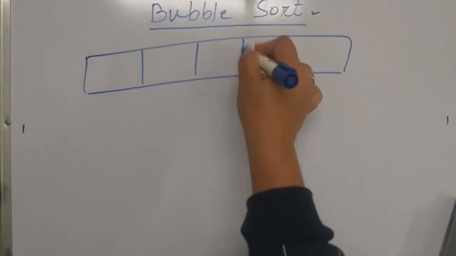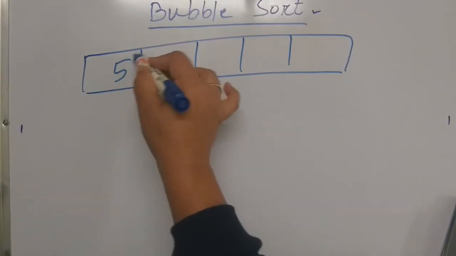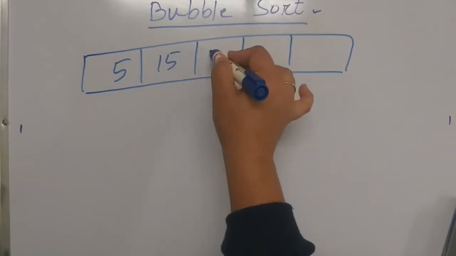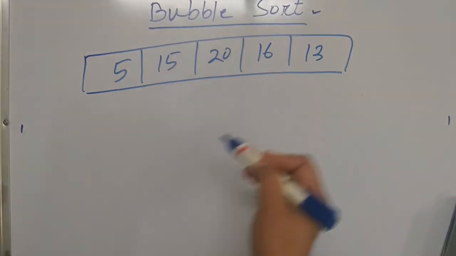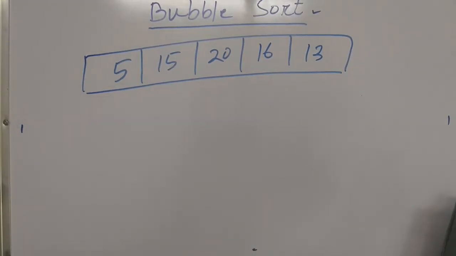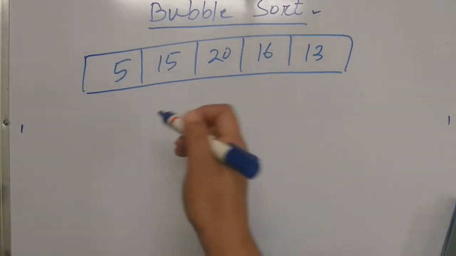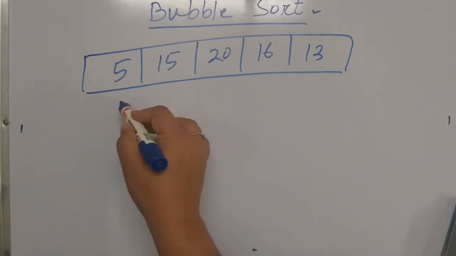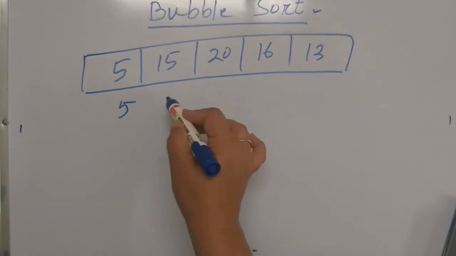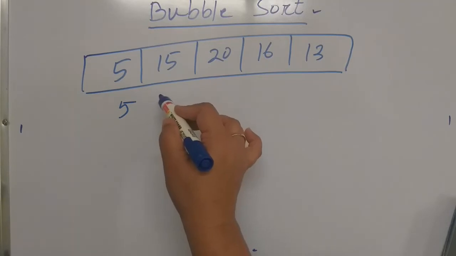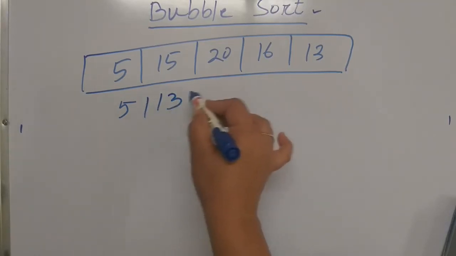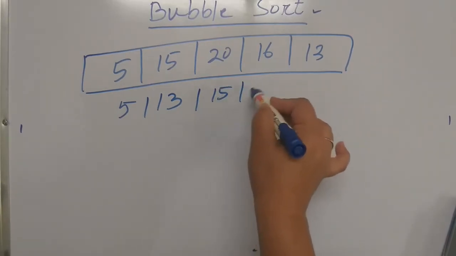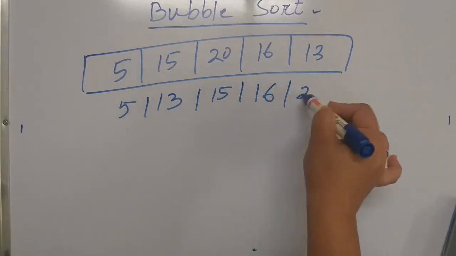Here is a list given like this: 5, 15, 20, then 16, then 13. So what are we doing? We sort that list using a sorting technique, and the list is sorted in ascending order: 5, 13, then 15, then 16, then 20.